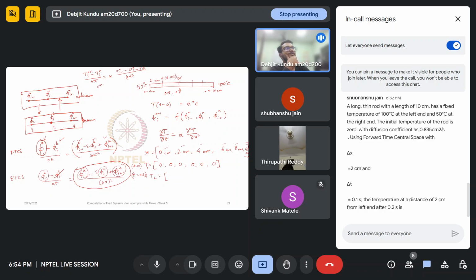Using this whole formula, I'll get T^(n+1) using all the earlier known values of T^n, right? Yes, sir.